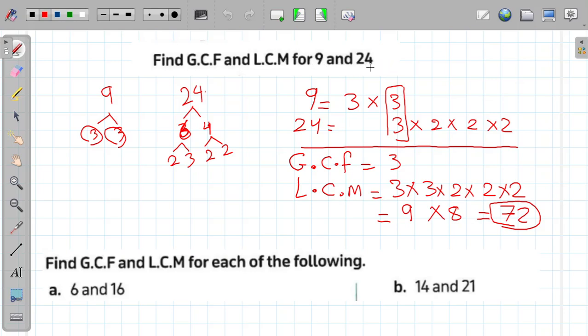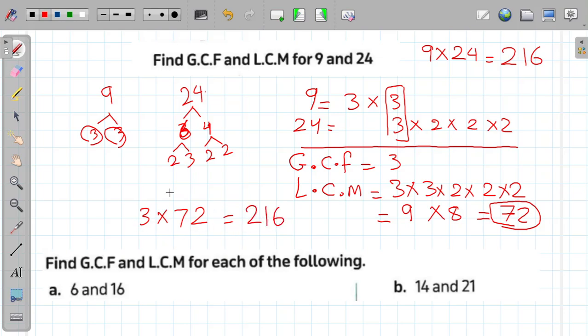Here I have 9 times 24 equals... I'm sorry, 9 times 24 equals 216, and 3 times 72 equals 216.